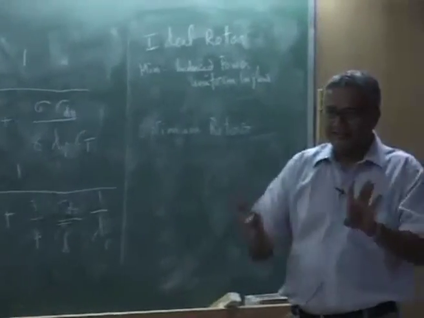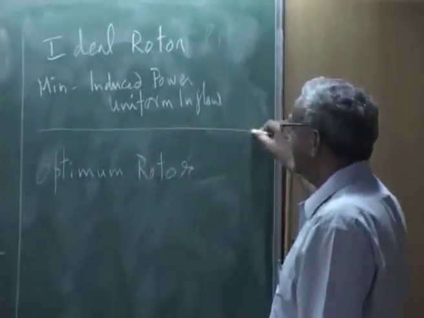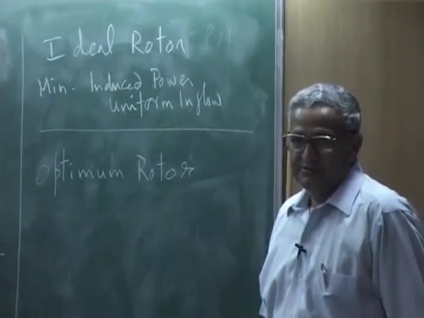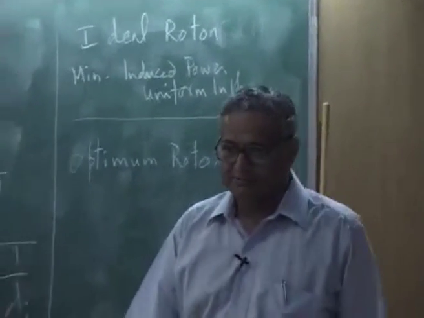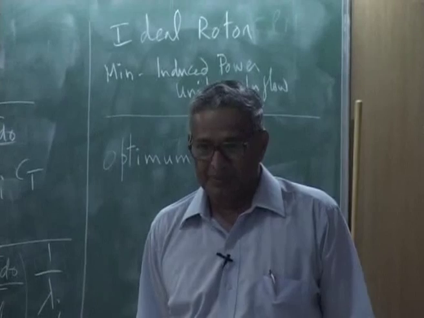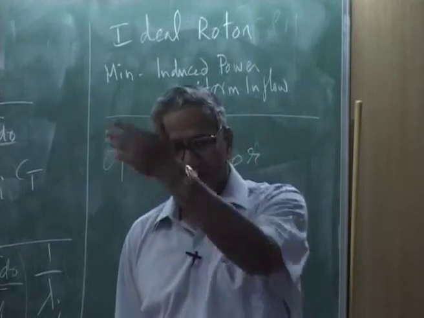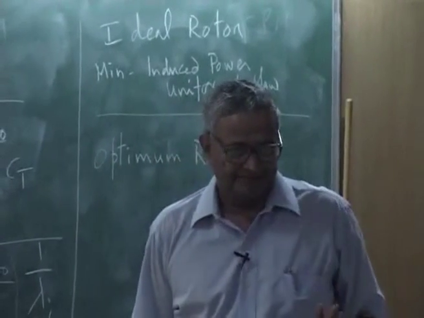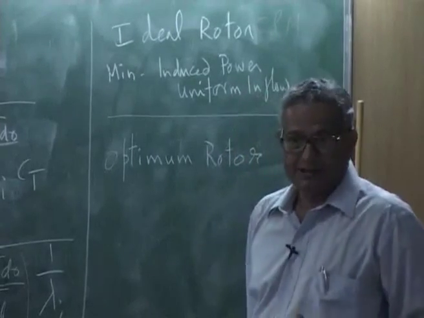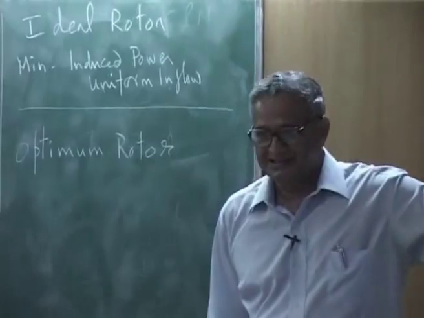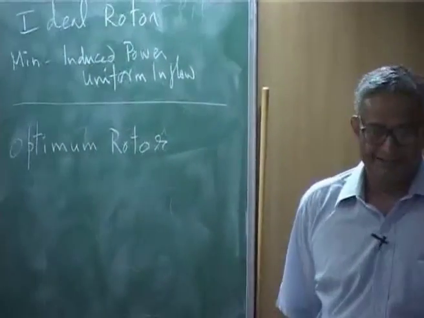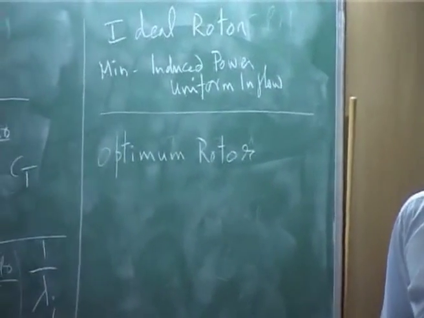Now, you see, this is the ideal case. If you want an ideal rotor, you should have uniform inflow. For uniform inflow, you have to have an ideal twist. But real helicopters are not ideal, because you have profile drag also.